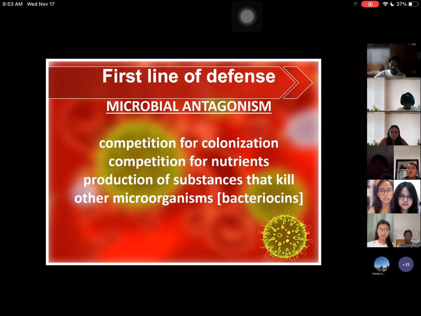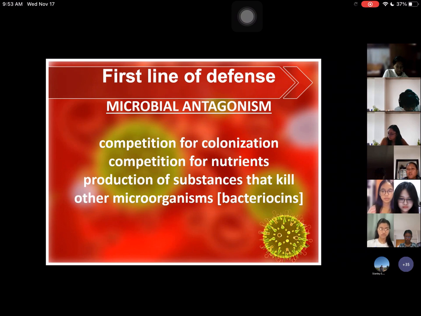Microbial antagonism is also our first line of defense, where there is competition of colonization. This is the one that I mentioned last time, that when microorganisms or invaders compete with the normal flora for nutrients and space, they may not be able to survive. Okay?